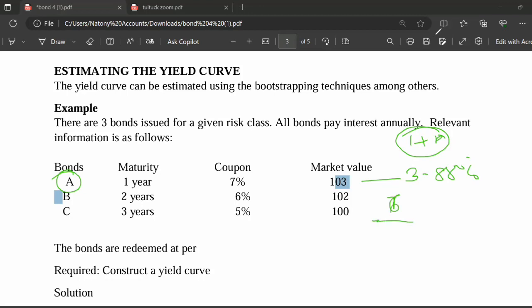This will be discounted at 1 plus R, which is now the R for year 1, we've known it to be 1.0388. In the second year, since it is a 2-year bond, the investor is going to receive both interest and principal, 106, all over 1 plus R, where R, the spot yield curve for year 2, is unknown, raised to power 2. The first one is raised to power 1.